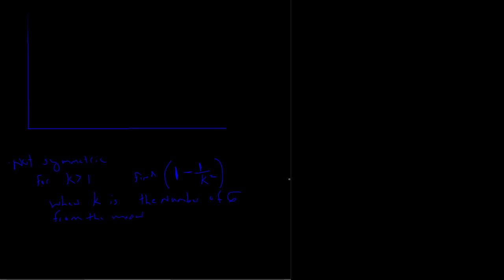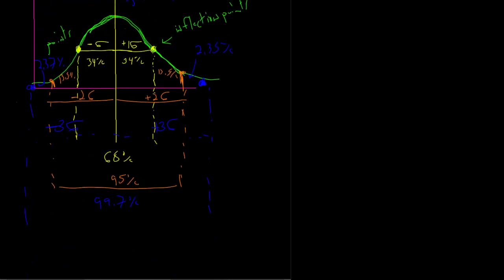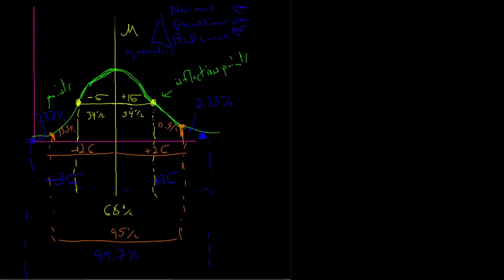on either side. So back up here, when we looked at our normal curve, I said I'm within 1 standard deviation on either side of the mean, and I found 68% of my data. Here I said I was 2 standard deviations on either side of the mean, and I had 95% of my data. And these percentages hold for this type of distribution, this Gaussian, this normal, this bell curve.